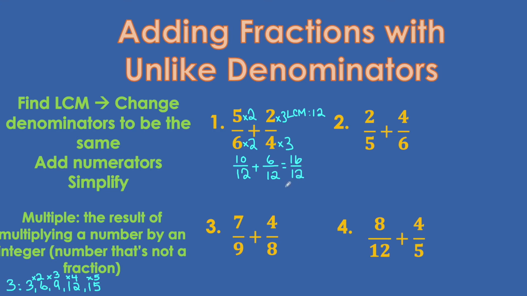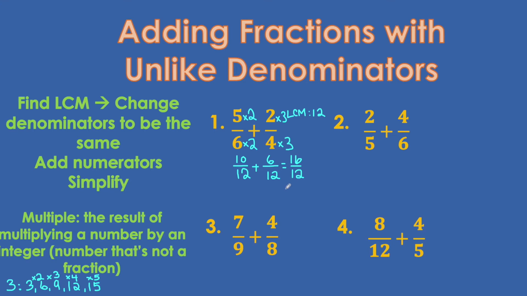And you might or might not have learned this already, but since the numerator is larger than the denominator, you can simplify this and change it into a mixed number so that the numerator isn't bigger than the denominator.